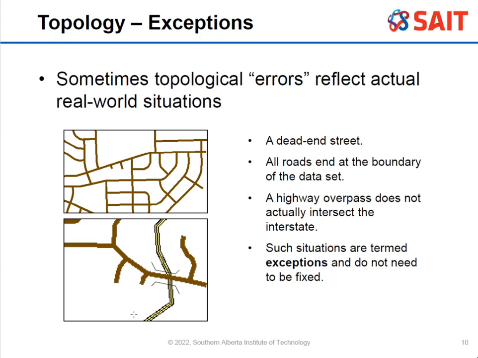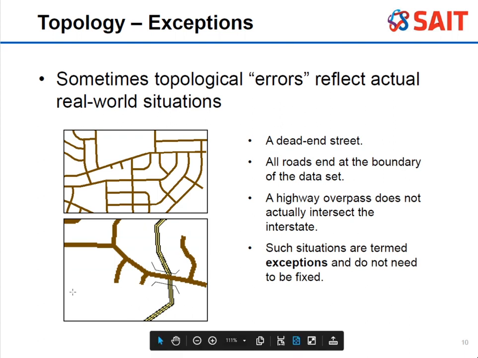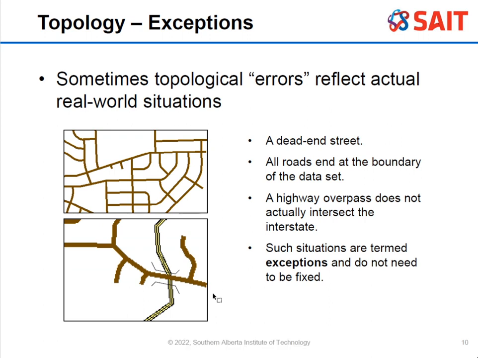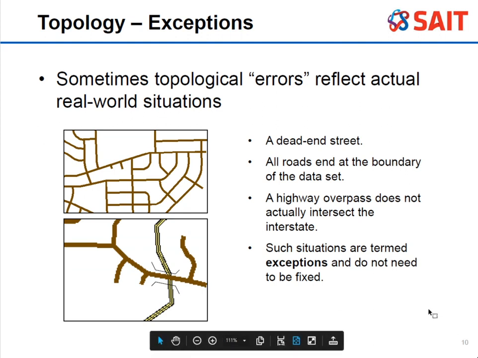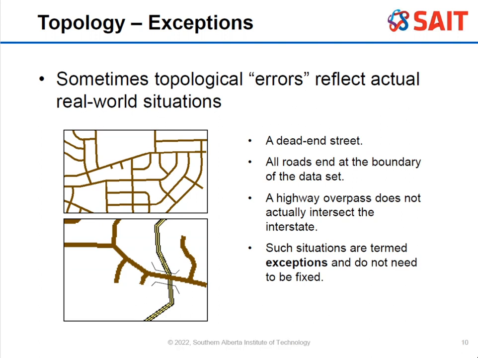So having an additional node is actually going to cause problems with navigation systems and such, because the traffic that's going over is not impeded. Putting a node in there is going to cause impedance, thinking that this traffic is going to cause a problem there. So these are considered exceptions. They don't need to be fixed. It's just real world stuff.